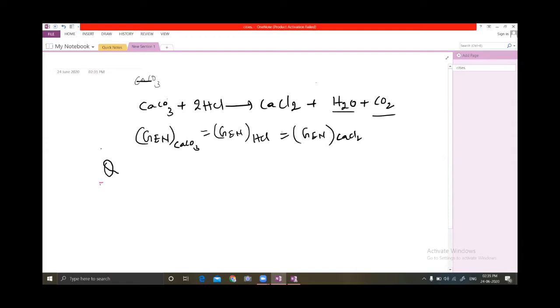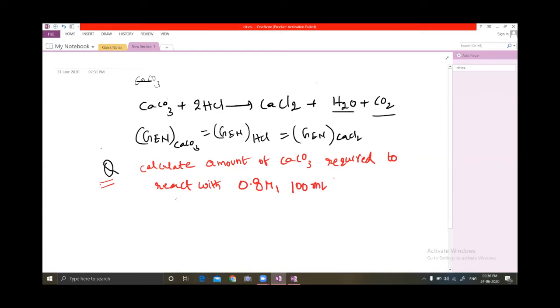Calculate the amount of calcium carbonate required to react with 0.8 M, 100 ml HCl solution.